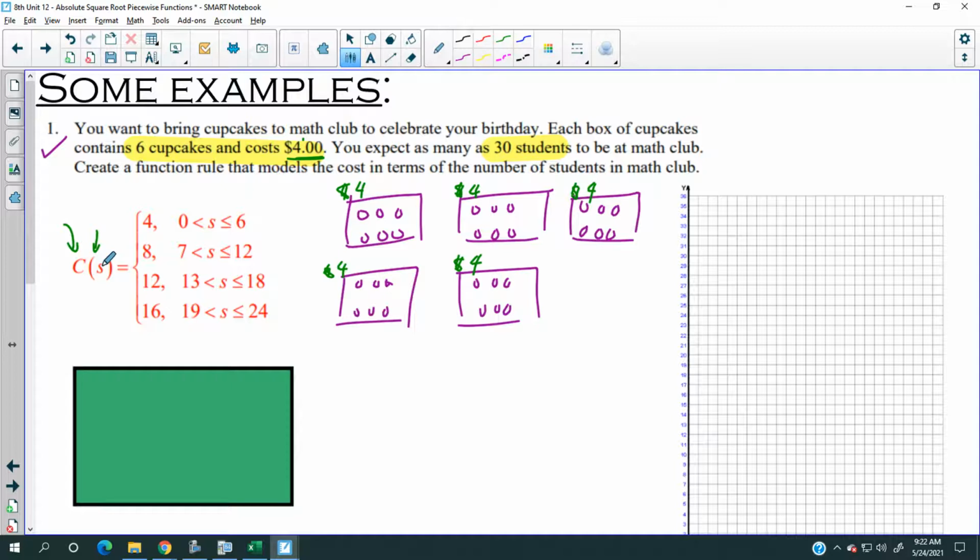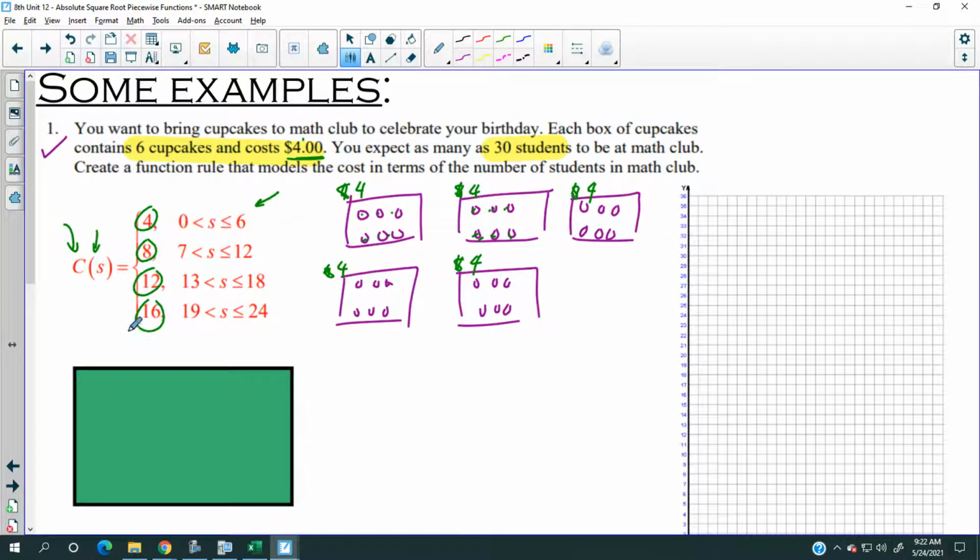So cost as a function of students. So the way you write it is, from 0 to 6 people, which accounts for these 6 cupcakes here, this would cost you $4. From the 7th to the 12th student, meaning 7, 8, 9, 10, 11, 12, it'll cost you $8 to buy, right? And so on and so forth.